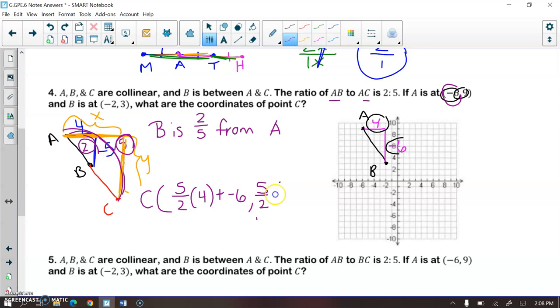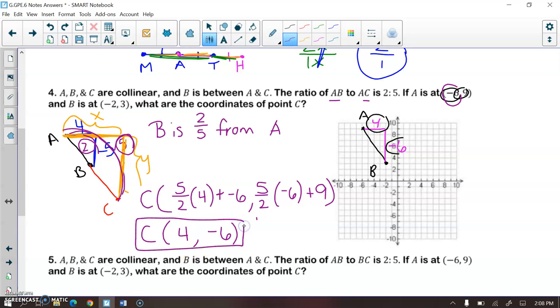So I multiply my 5/2 by my rise of -6, and I add it to my Y value of point A. So 5/2 times 4 plus -6 gives me an X value of 4. And then 5/2 times -6 plus 9 gives me a Y value of -6. And I'm going to make note that we use the reciprocal in this situation.